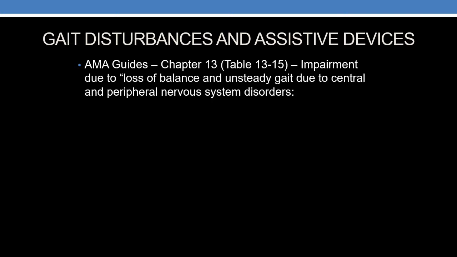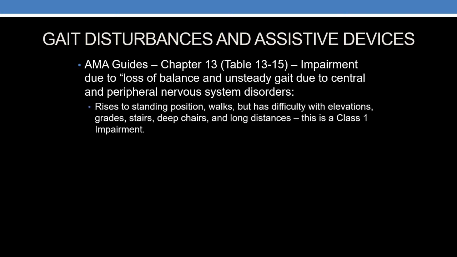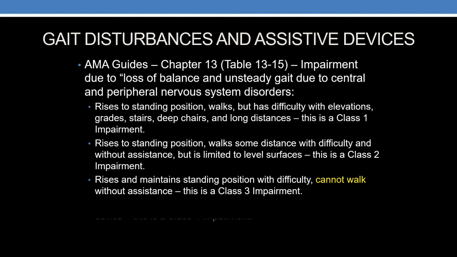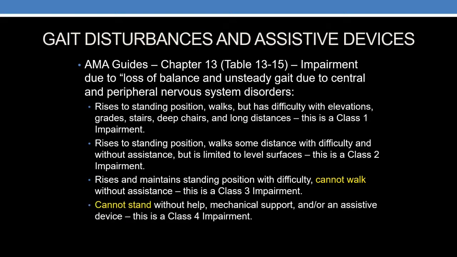Now, the AMA guides in Chapter 13, Table 13-5, provide for permanent impairment due to loss of balance and unsteady gait due to central and peripheral nervous system disorders. And according to the descriptions in the guides, impairments are based upon the amount of loss of balance and the unsteadiness or inability to move forward smoothly and to progress forward on foot smoothly with a normal gait.